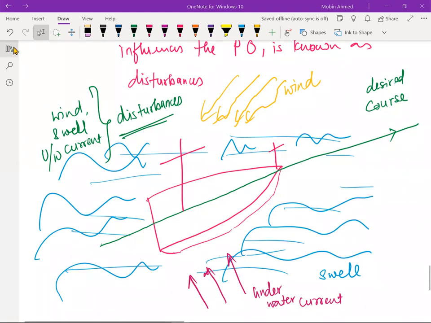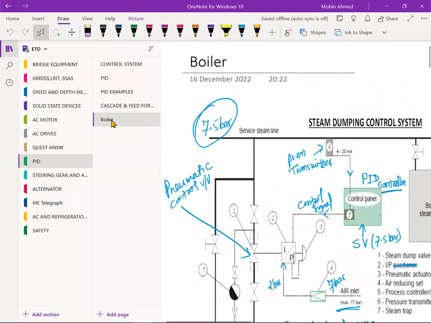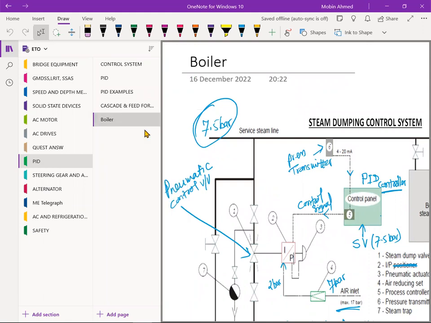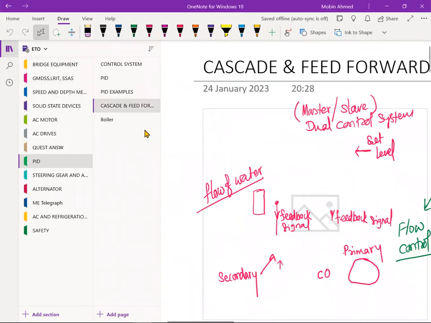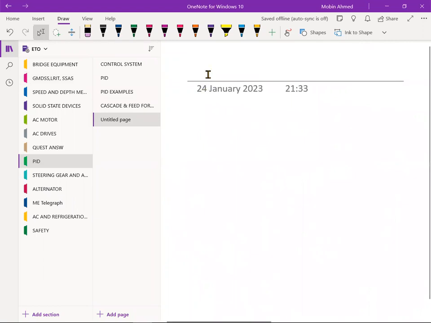Okay. Now let's go for the boiler. Okay, so we'll be seeing this boiler also. I am going to tell you two controls.